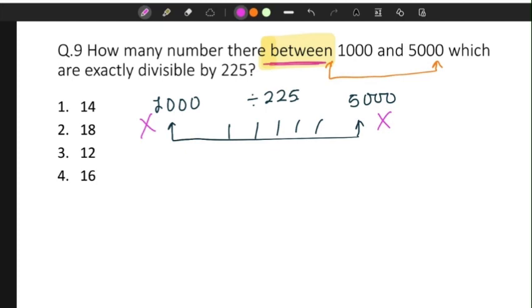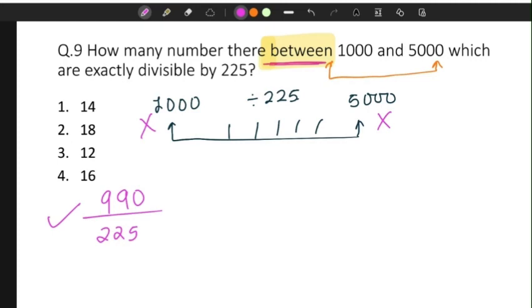Okay. So here the first and the last number are not included. If we check, before 1000, 990 is a number which is divisible by 225.